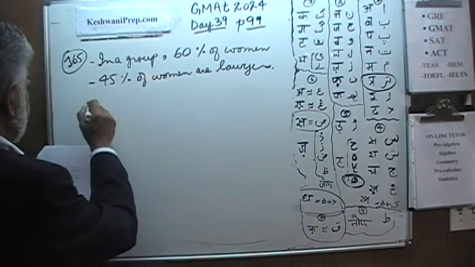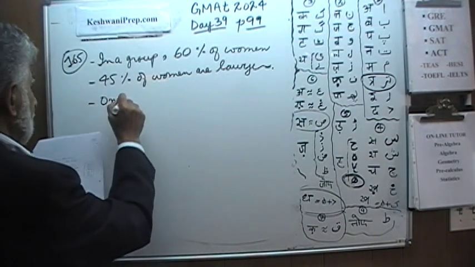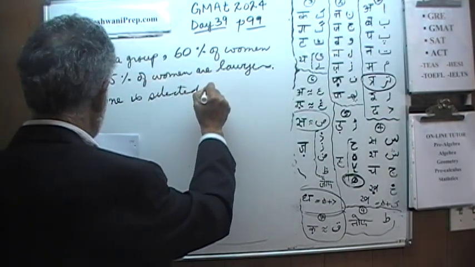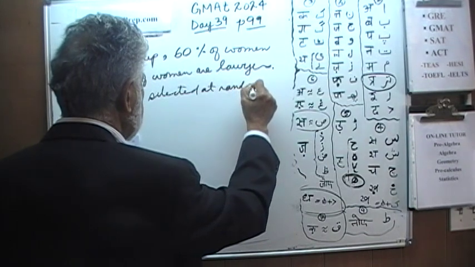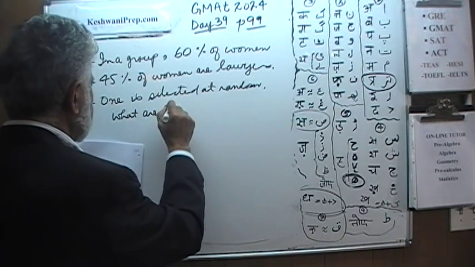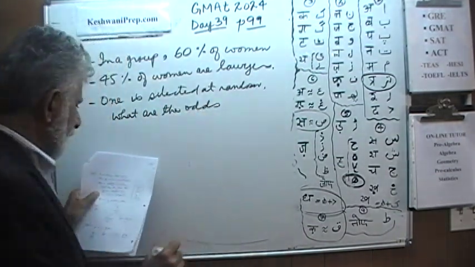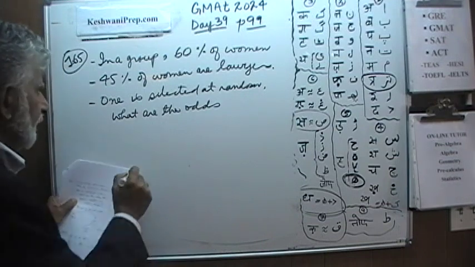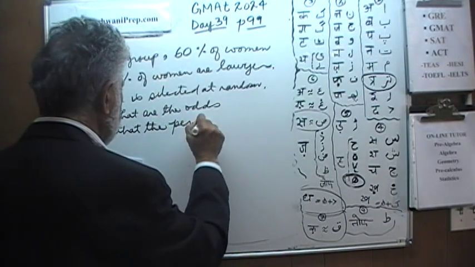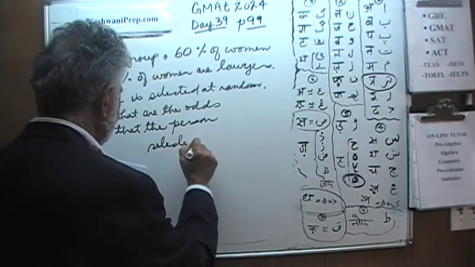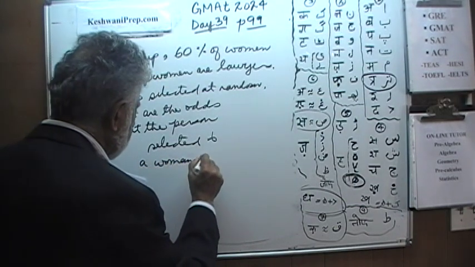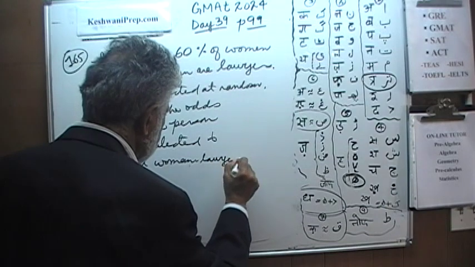Here's the question. If one is selected at random, what are the odds that the person selected is a woman lawyer?